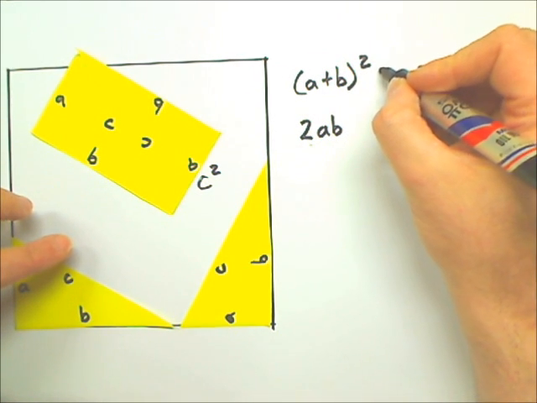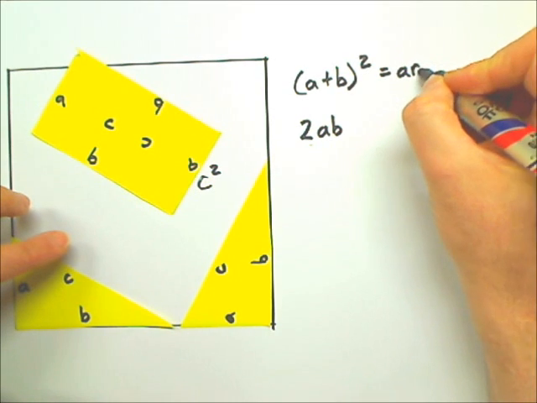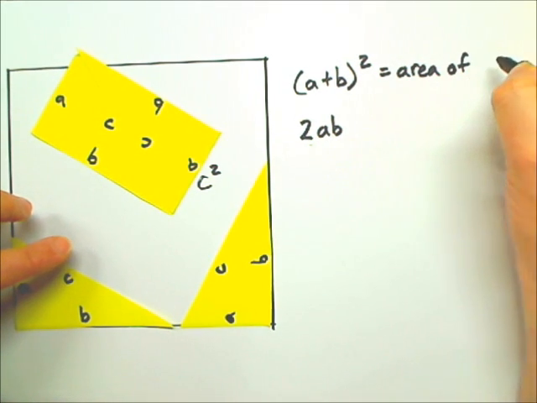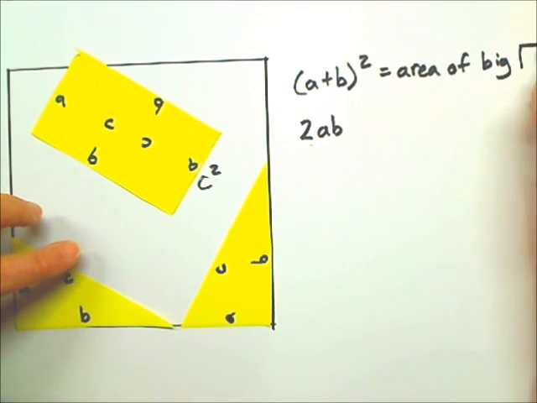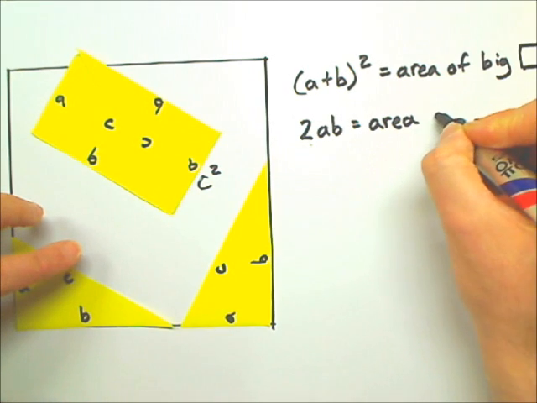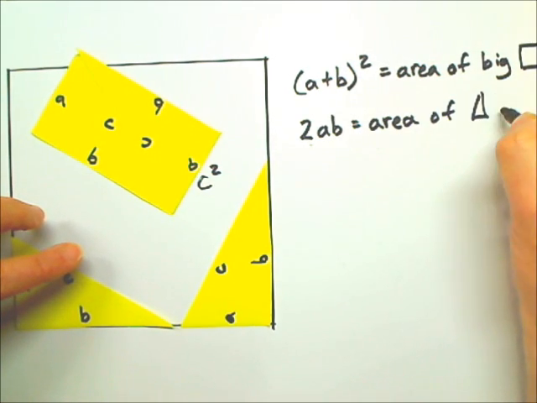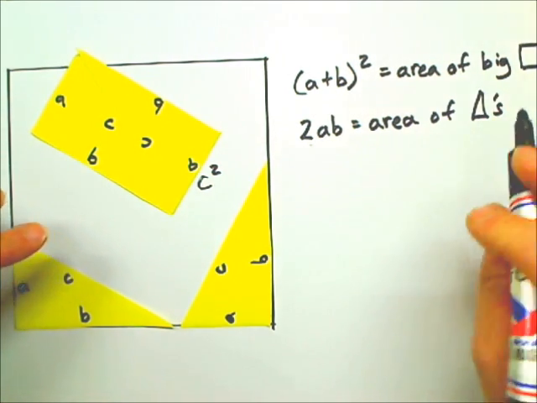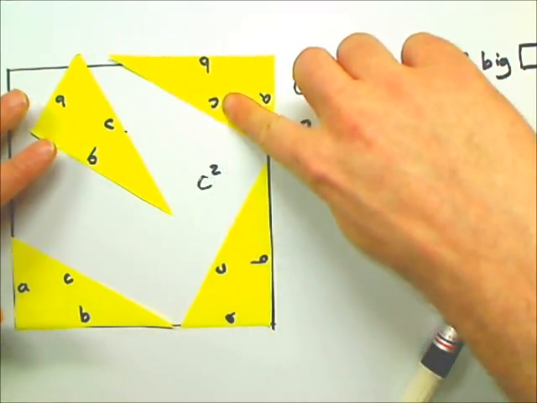So this is the area of the big square. This is the area of the triangles. This is very complicated math jargon to draw the little triangle there.